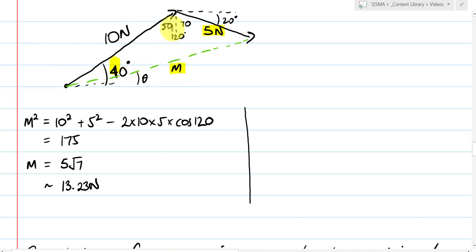I also now know m and this angle, so I'm going to use the sine rule. So I want to find sine of 40 minus theta. If this is theta, the thing I'm trying to find, then this is 40 minus theta here. And that's over 5 is equal to sine of 120 over m.